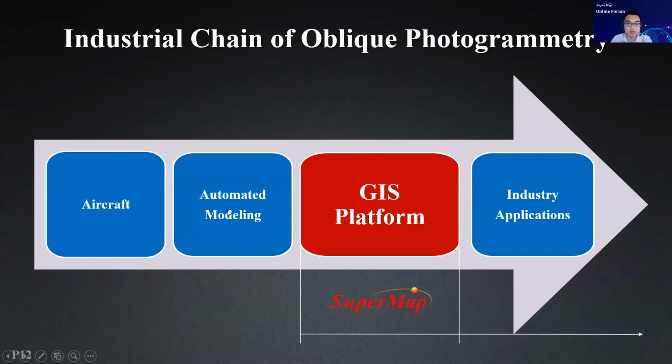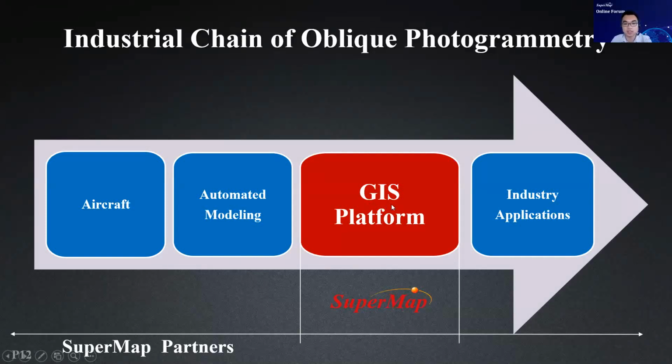From this workflow, you can see SuperMap provides the GIS platform, and we cooperate with SuperMap partners. They will use aircraft or drones to collect the data and also help us do some modeling, and then we will load this data in our GIS platform.